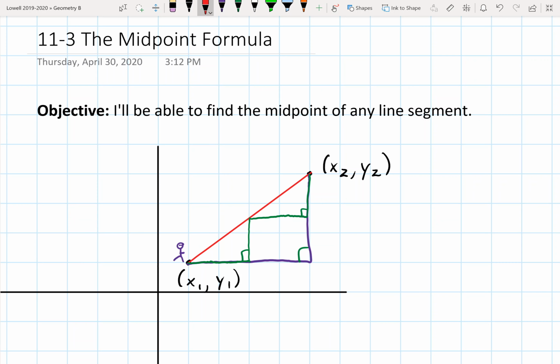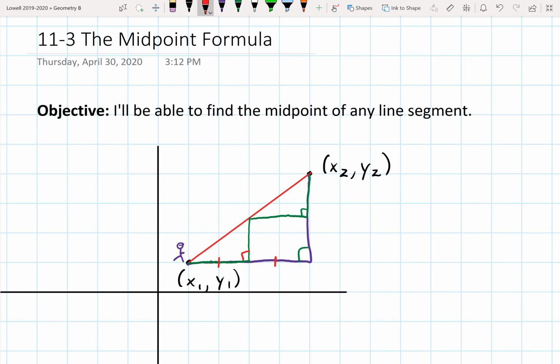Since we decided this first one is halfway, then I know that this distance right here and this one are the same. Let's actually write this out.